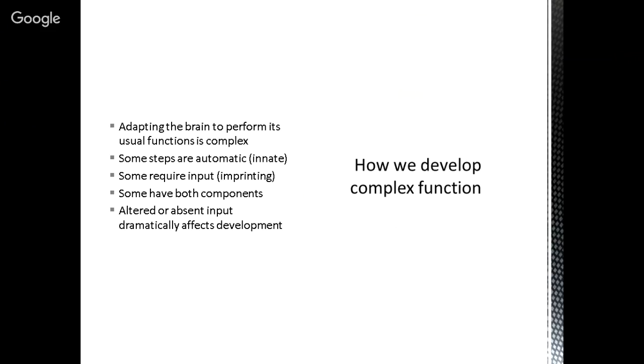So some learning does have both components, some already wired and some added on. What has been found with experiments is that if you alter the input, and to some extent the consequences of the input, if you change some of the parameters of the system, you drastically affect how things develop during the life of the organism.